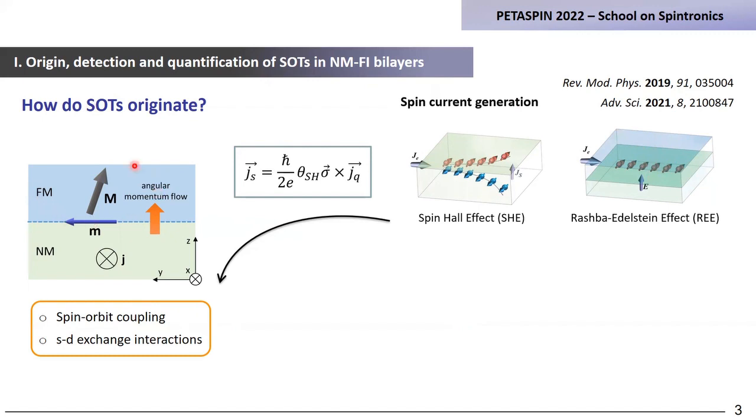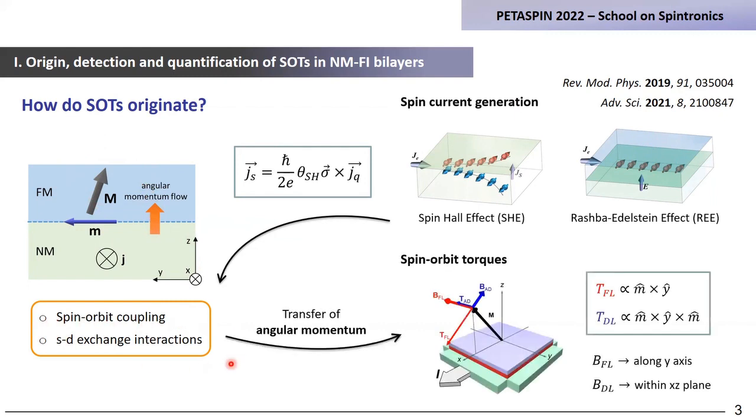If we now place a ferrimagnetic insulator next to the normal metal, when the spin current arrives here at the interface, it can transfer its angular momentum to the magnetization by means of s-d exchange interactions. As a result, it will exert two distinctive types of torques onto the insulator layer, which are known as field-like and damping-like torque.